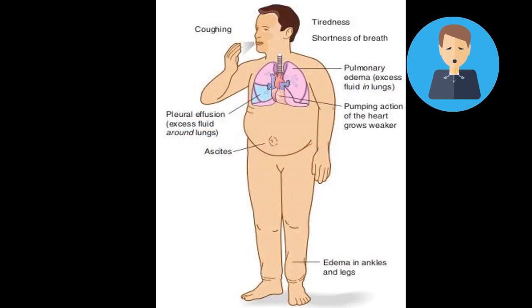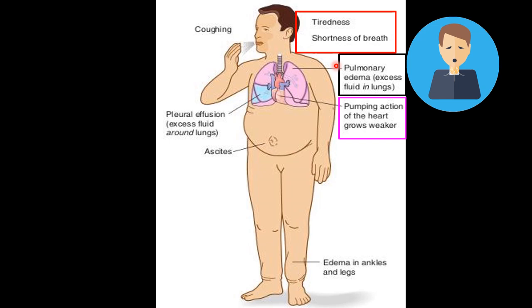So as the pumping action of the heart grows weaker, the patient would present with coughing, and if there is left heart failure, the patient will have pulmonary edema, and the patient would present with shortness of breath and tiredness because cardiac output won't meet his daily requirements.